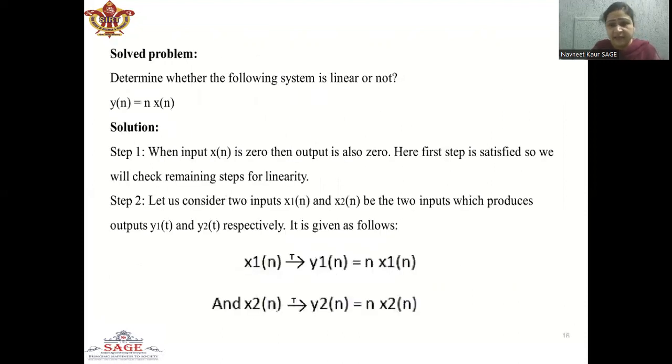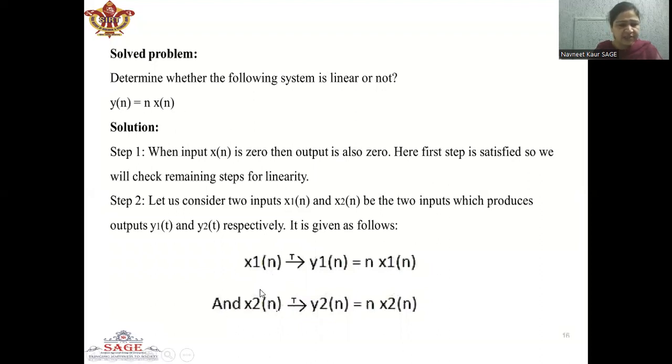Now, we will understand this property of the system with the help of an example. Suppose I want to check the system given by the equation y[n] is equal to n x[n] for linearity. Here I'll consider two inputs x1[n] and x2[n]. If x1[n] is given, then the output should be n x1[n].